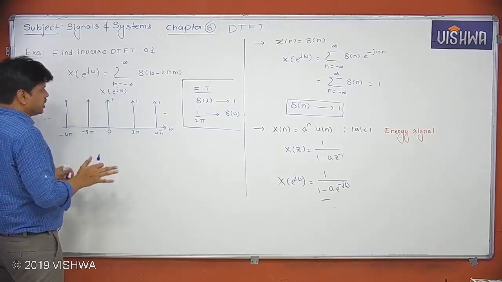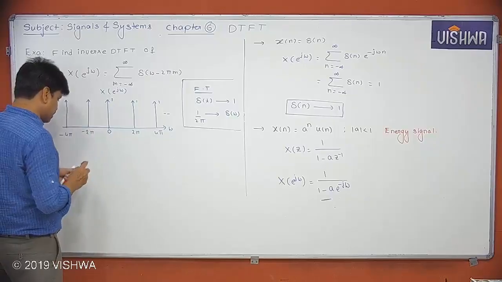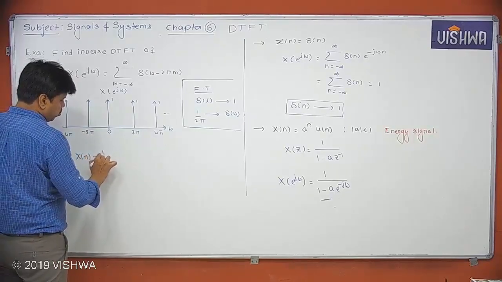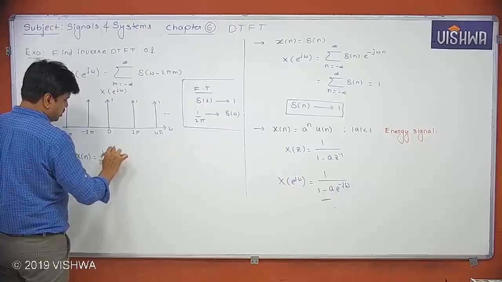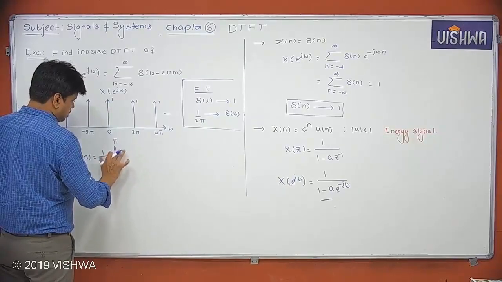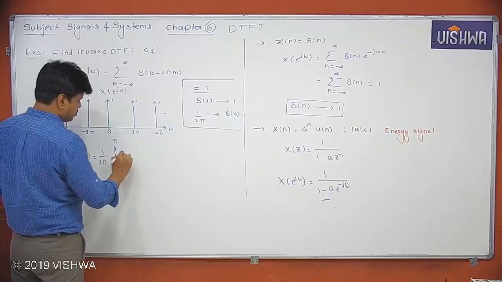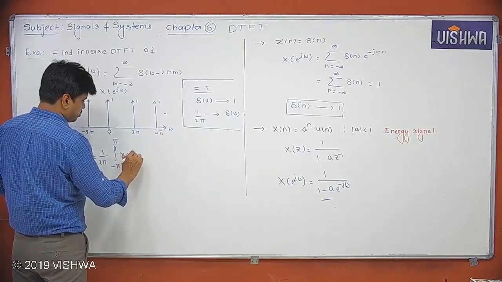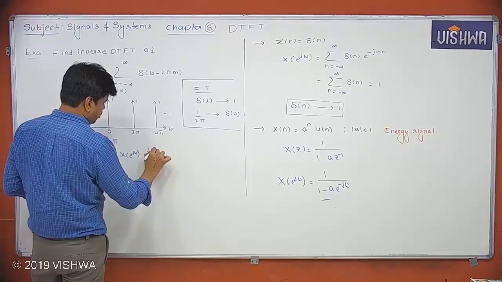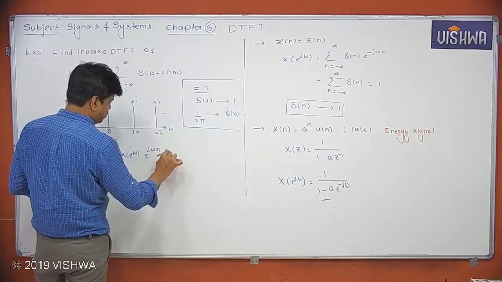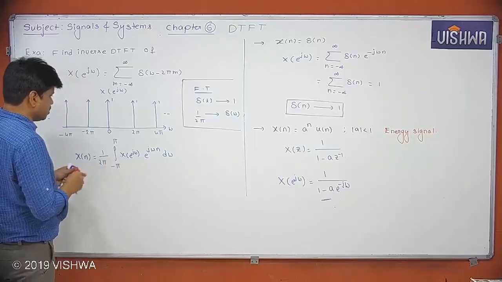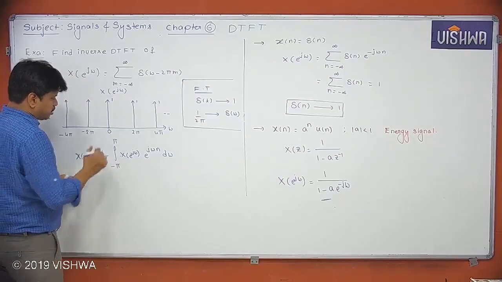Let's say if you have a doubt, I will calculate x of n here. What is x of n? 1 by 2 pi integral from minus pi to pi x of e power j omega e power j omega n d omega. Clear? See here. I am taking minus pi to pi.